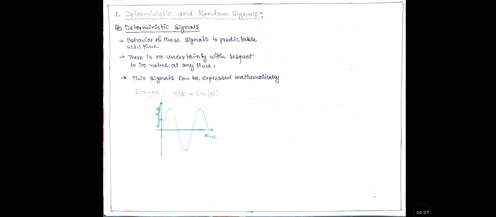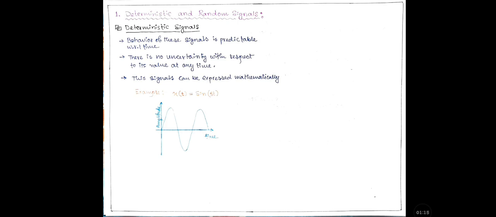First, deterministic and random signals. Deterministic signals: the behavior of these signals is predictable with respect to time. There is no uncertainty with respect to its value at any time, and the signals can be expressed mathematically.